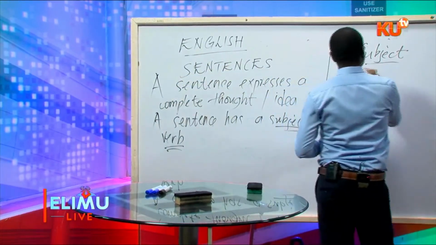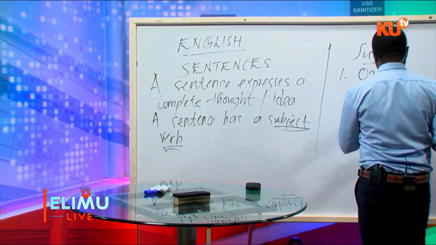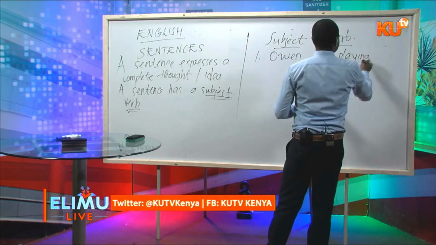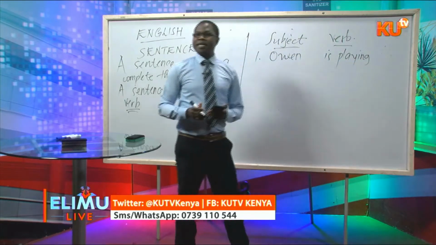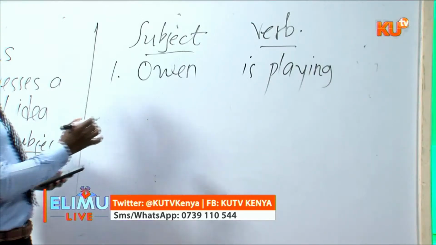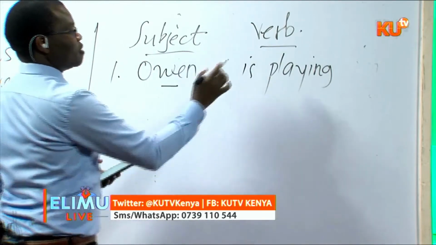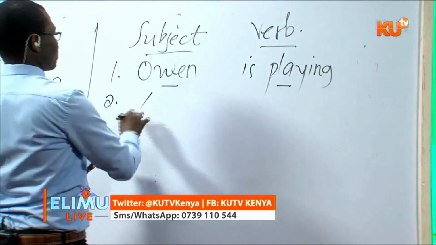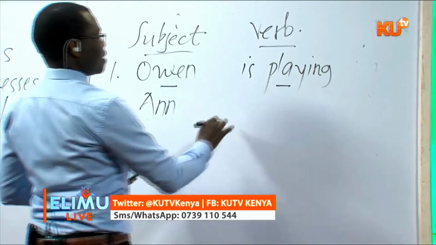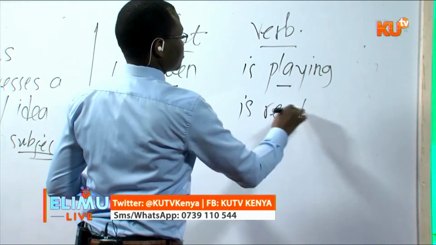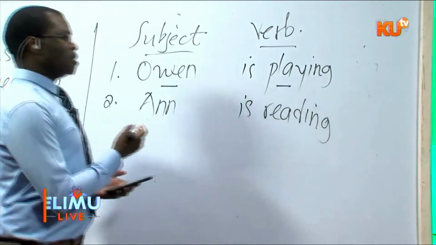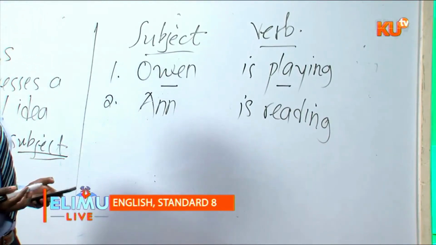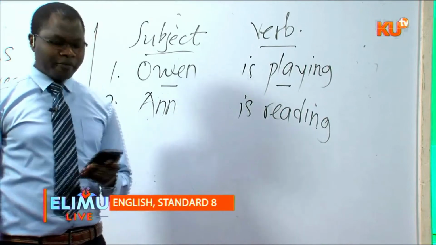Number one, Owen is playing. This is a basic sentence. Owen is playing. Owen is the subject and the verb is playing. Number two, Anne is reading. In this example, Anne is a subject, reading is a verb.